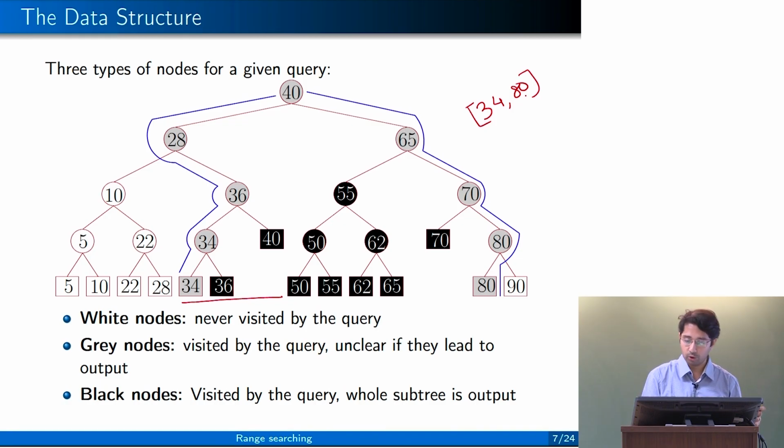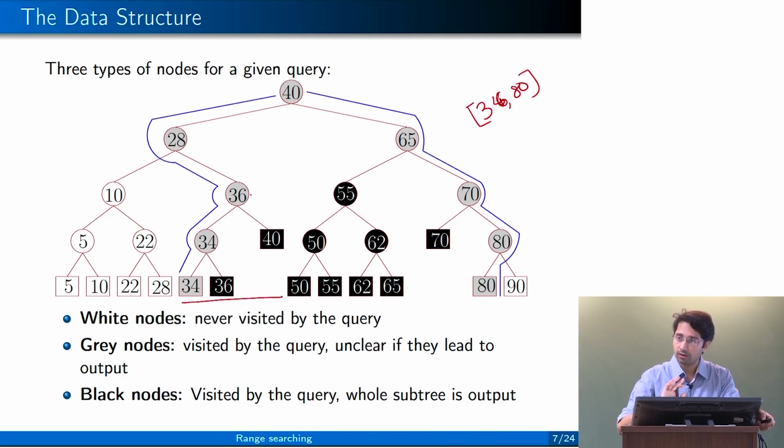Yeah, there must be a mistake, it should be 36 to 80. So, this 36 to 80 is not completely inside the interval associated with 36. So, 36 becomes a gray node. I am not sure whether I have to report all the points inside or not.